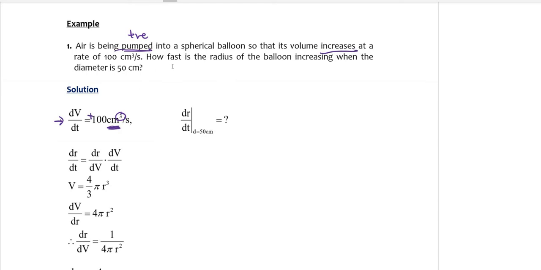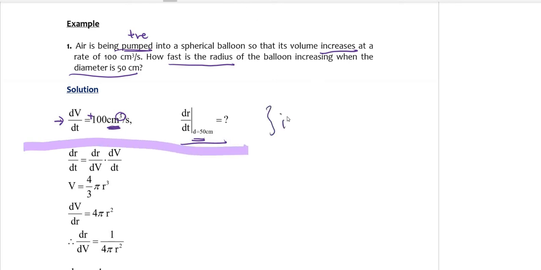So we want to search for dr/dt, because how fast is the radius. That means we are trying to determine dr over dt when the diameter is 50 cm, which means when d is equal to 50 cm. This is the gap where we try to solve the problem. This is the info that we have.